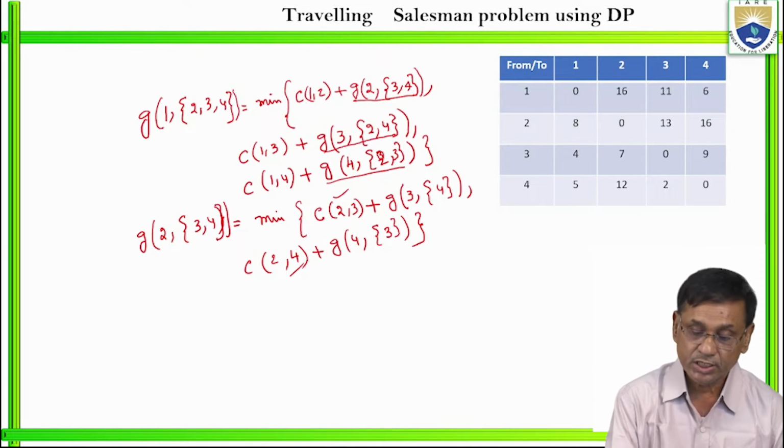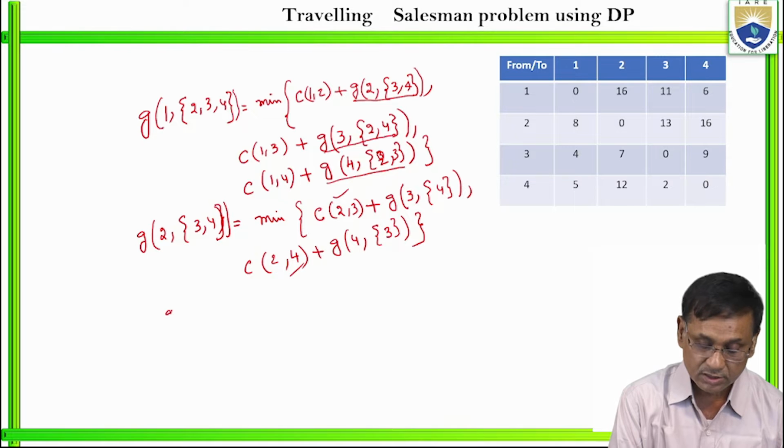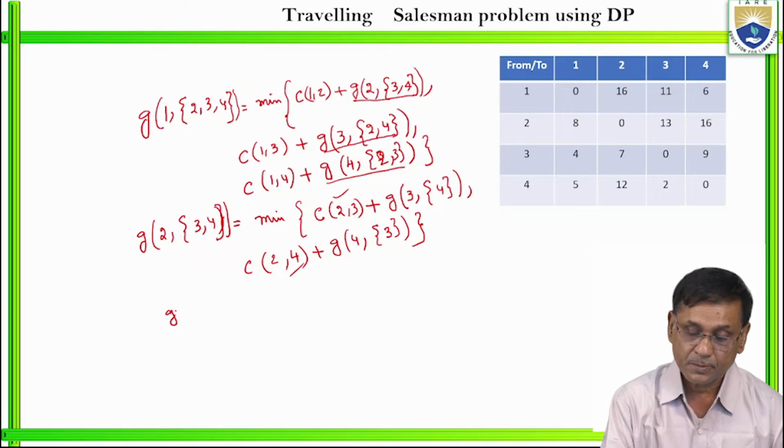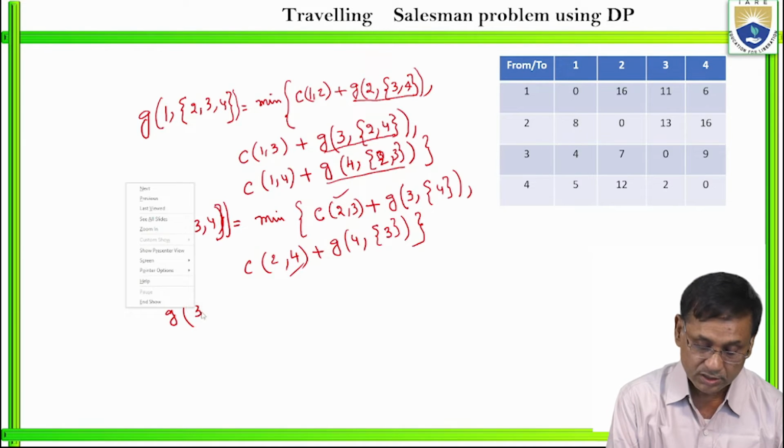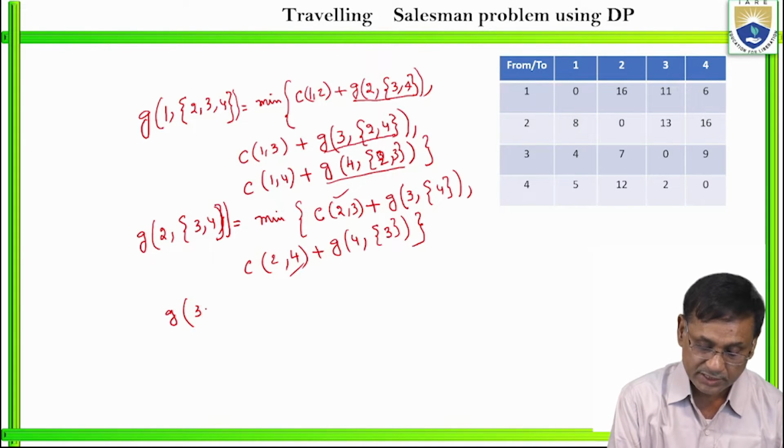So like that we have to write for this one also, G of, that is the cost of going from starting city 3, the remaining set of cities 2, 4.